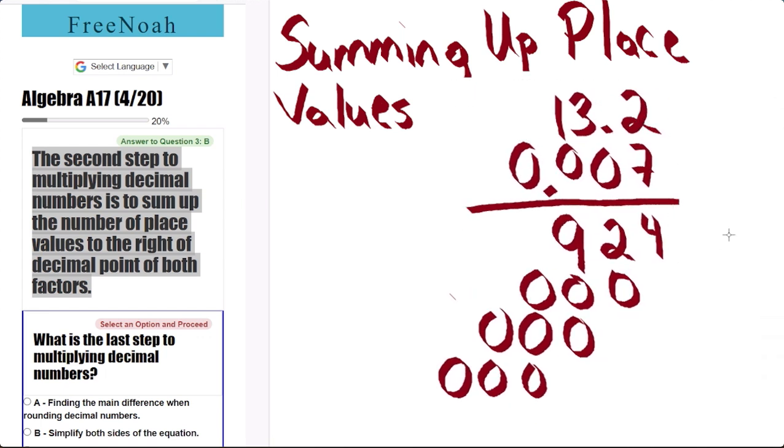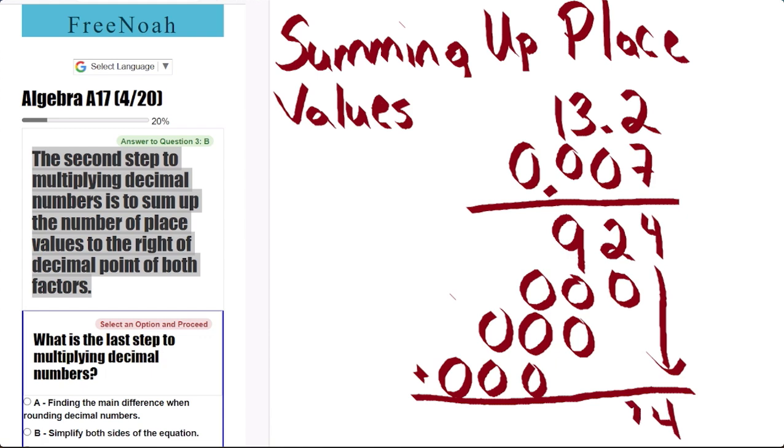All right. Now the addition begins. So this 4 is going to drop here. Perfect. 4. Now the 2 is also going to drop. 2 plus 0 is 2. Now we have 9 plus 0 plus 0, giving us a 9. And then we just simply add the zeros. 0 plus 0 plus 0, that gives us 0. 0 plus 0 gives us 0.